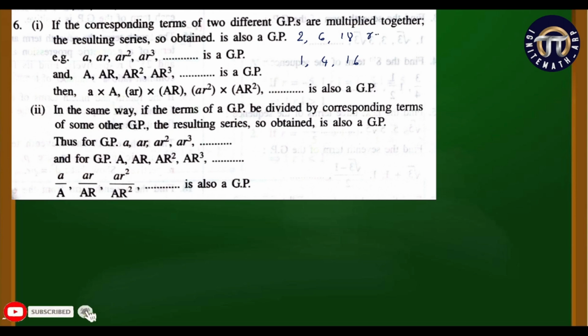Here the common ratio is 3. Here the common ratio is 4. Now what the property says, the corresponding terms of two different GPs are multiplied together, the resulting series so obtained is also a GP. When I multiply this into this, I'll get 2. And when I multiply 6 into 4, that is 24.